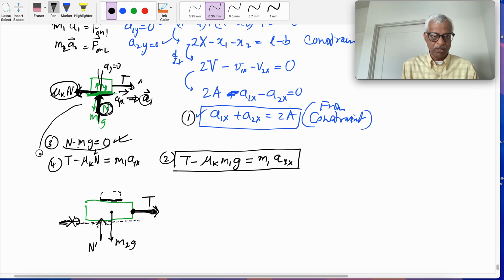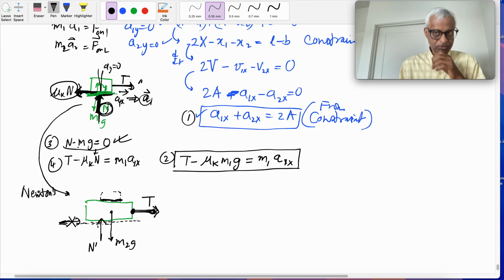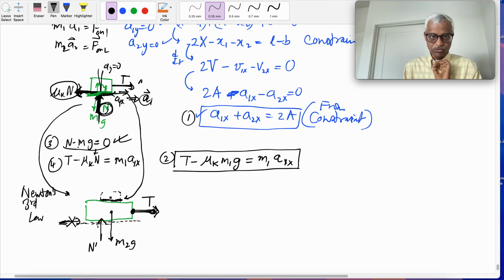Now Newton's third law, I'm going to use Newton's third law. This is actually the reason I'm doing this problem, because it is a very important place where you learn Newton's third law. Opposite forces will apply on this guy along the same surface. This surface here, this surface, and this surface same. So these two bodies opposite. So this N here is going to go down like that. So there will be a force like that.